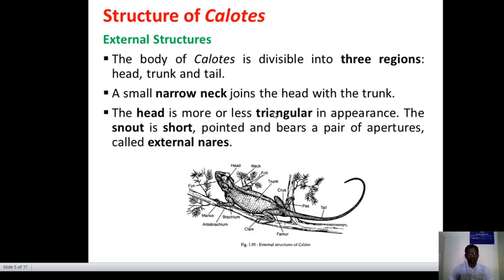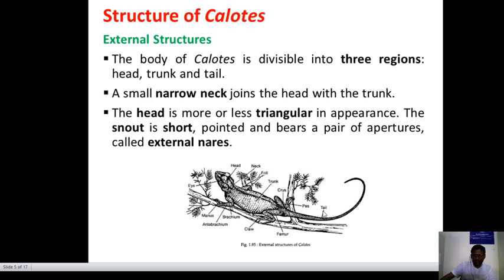Structure of Calotes: the external structure. The body of Calotes is divided into three regions: the head, the anterior portion; the trunk, the middle portion; and the tail, the last portion.